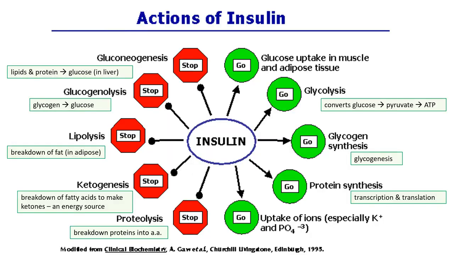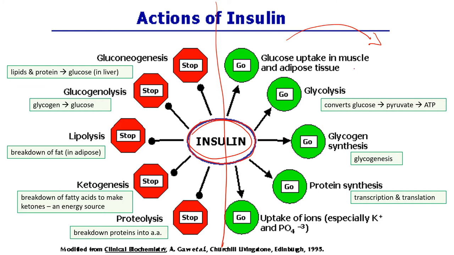This is a very confusing picture. And while we're not going to talk about each one of these, I did want to show you mainly how big of an impact insulin has on so many different processes. Bottom line is, if we split the graph in half, we're going to do everything we can on this side to take the glucose and turn it into something else.